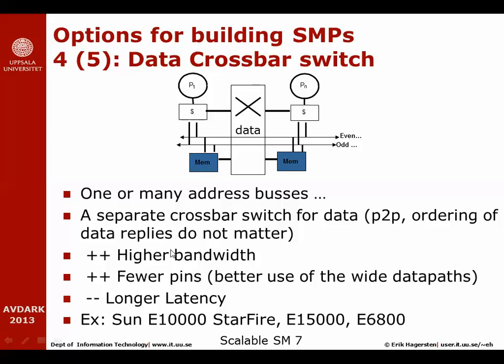So you get higher bandwidth, and you potentially can use fewer pins, because with higher bandwidth, you don't need the 300 wires connected to each device anymore. They can probably do away with maybe an order of magnitude fewer wires, and still the data bandwidth would be sufficient to match the bandwidth you would have at the snooping level. And once more, there are several commercial implementations that have leveraged this.